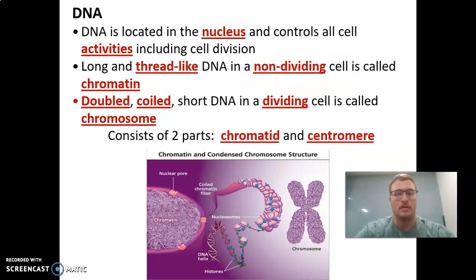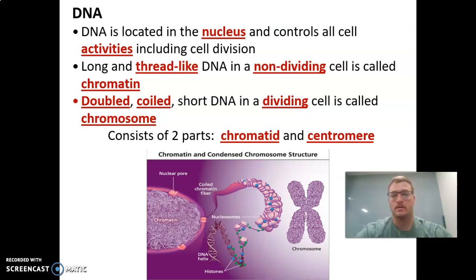So DNA. DNA is located in the nucleus of each cell, and by now we know that DNA controls all cell activities, including cell division. DNA is a long and thread-like structure in a non-dividing cell.